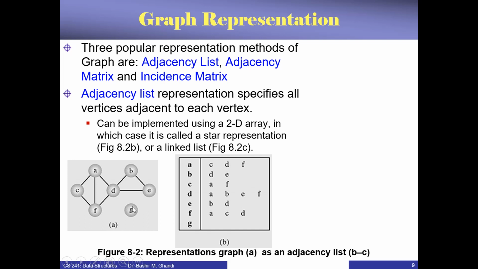G, however, is not adjacent to any vertex. So there is not going to be any entry in this row. Usually, of course, if this is an array, it means the other cells that do not have any entry will have zeros. So this is basically how you can represent a graph using adjacency list and using a 2D array.